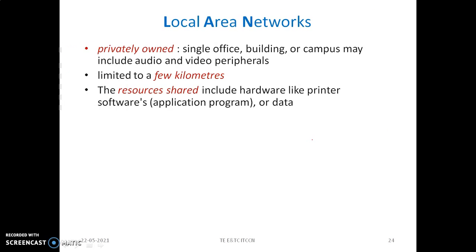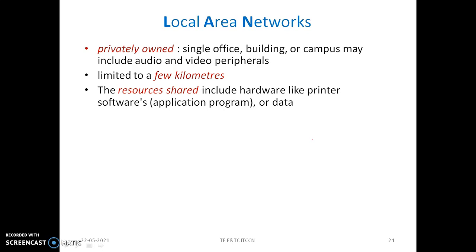Now what are the important features of the LAN? Usually a LAN is privately owned. It can be established within the area of a single office, within a building, maybe in a campus, the way we have in our institute. Within a network, we can also have peripherals that are interfaced with the nodes, to provide input through microphones, and for display purposes, as audio video peripherals.